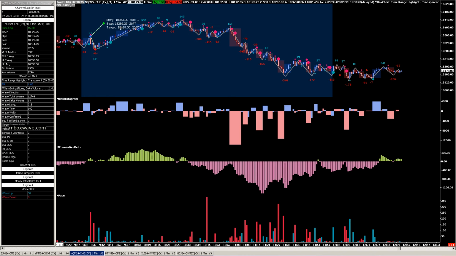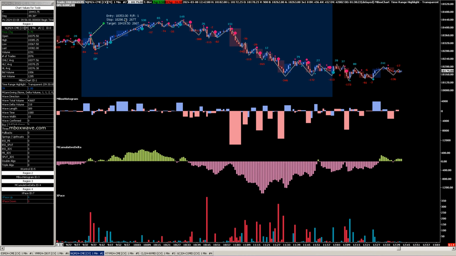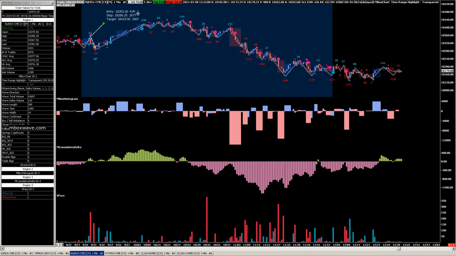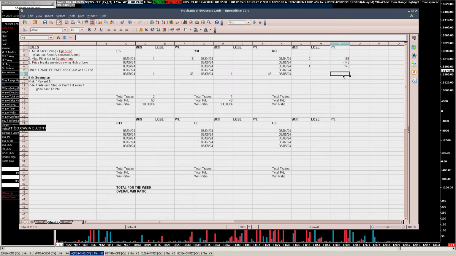It says risk reward 1, but the stop and target is 1 tick off. It's funny. So I'll put 267 and it's a win. So we did a total of, no, sorry, 5 trades, because we got that loss here.